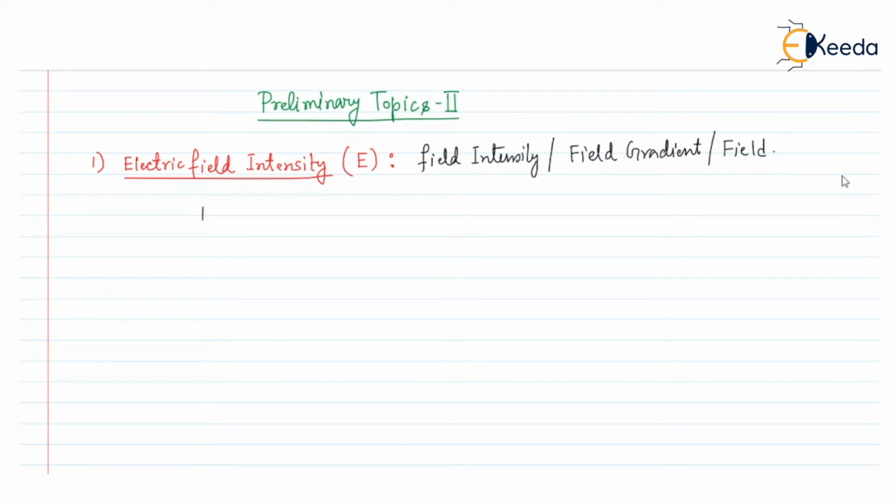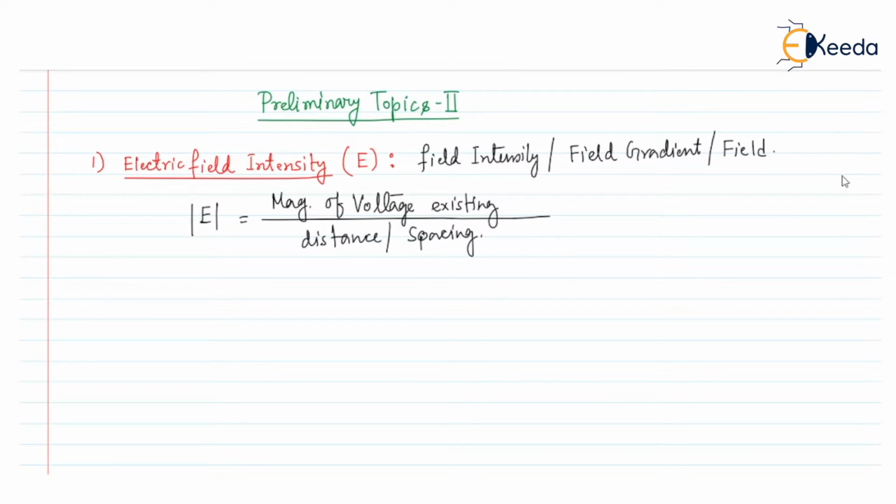Now, this electric field intensity is defined by the mod of capital E equals the ratio of the magnitude of the voltage existing to the distance or spacing. So the electric field intensity is defined by this ratio.